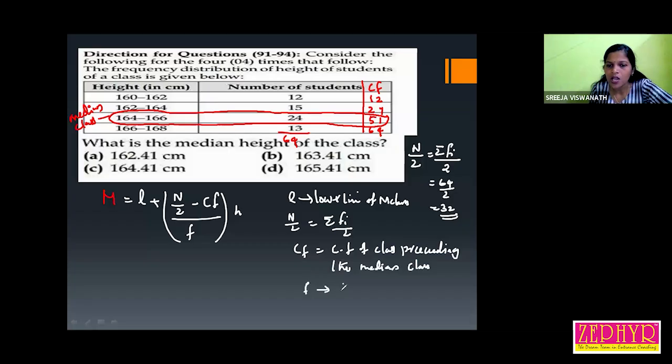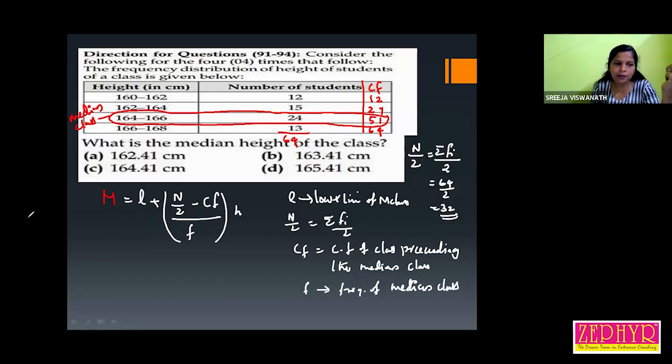And F is the frequency of the median class. This is the formula. First, you have to find the cumulative frequency and N by 2. If N by 2 is in the cumulative frequency column, then the corresponding class is called the median class. Otherwise, you look for the number greater than or equal to N by 2, and that is the median class. From the median class, L is the lower limit, capital N by 2 you know, and CF is the cumulative frequency preceding the median class.